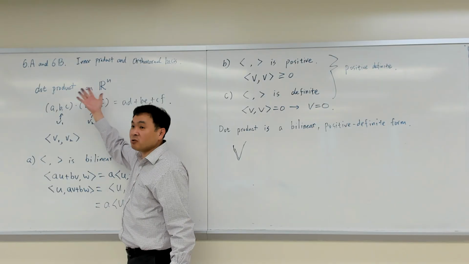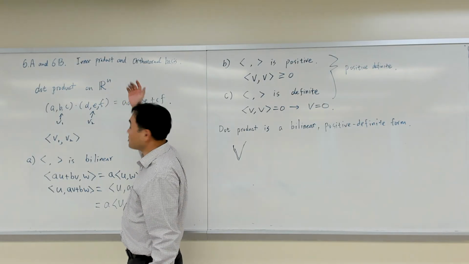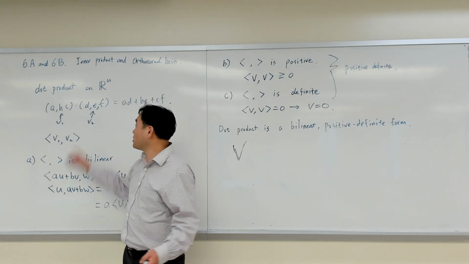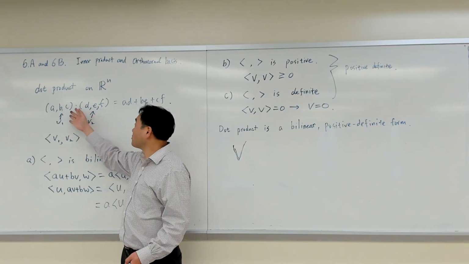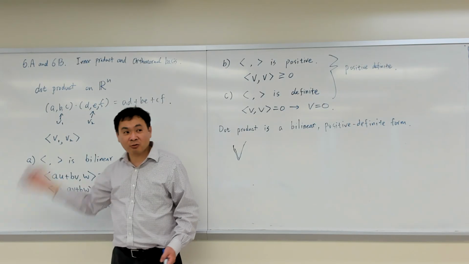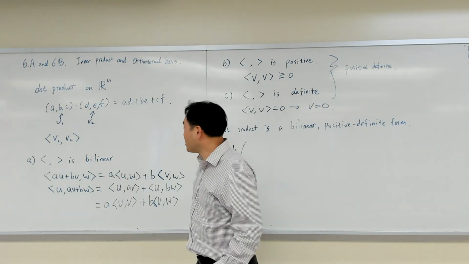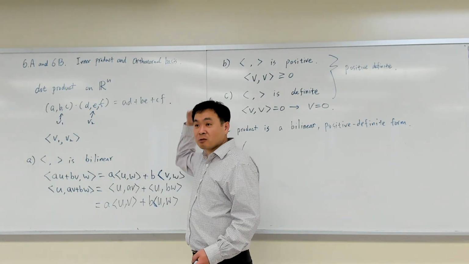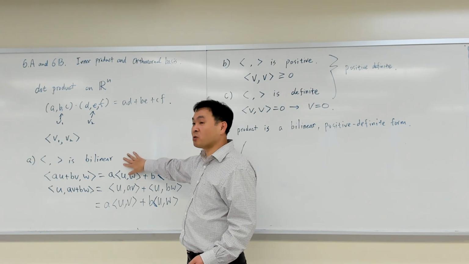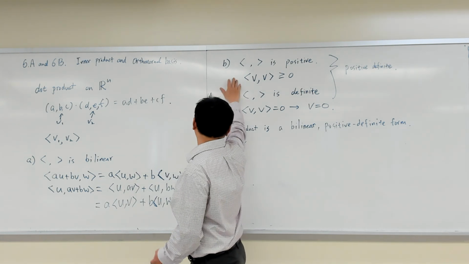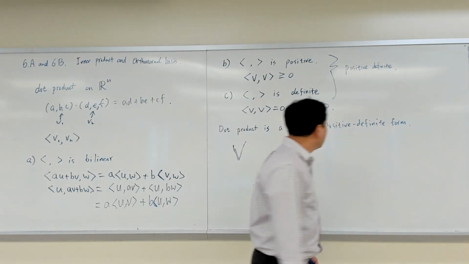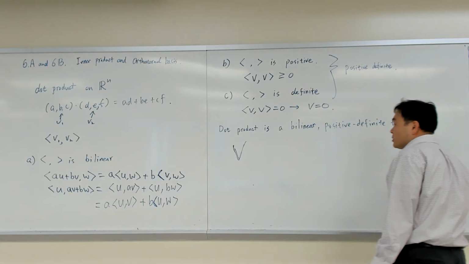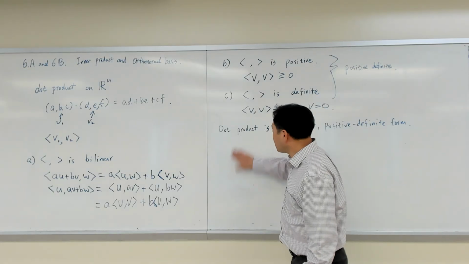But E1, E2, E3, the standard unit vectors don't exist on generic V. So we're not allowed to write this formula down. And therefore, instead of giving an explicit formula, what you have to do is work with an abstract condition about the formula, which is that we want something that's bilinear and positive definite. Okay? Now, so that's something to think about.